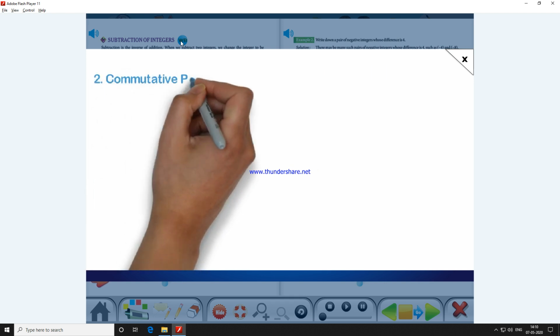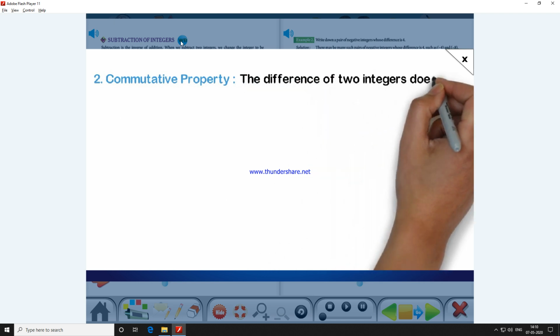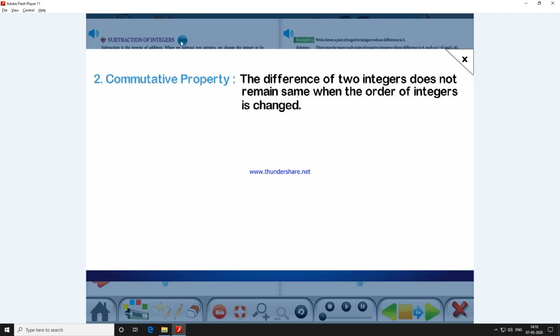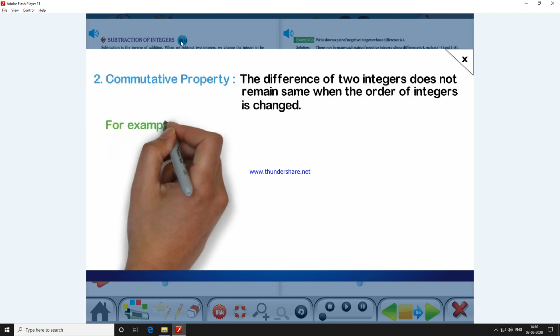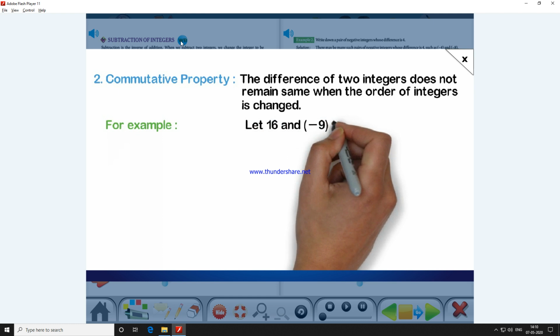2. Commutative property. The difference of two integers does not remain same when the order of integers is changed. For example, let 16 and minus 9 be two integers.